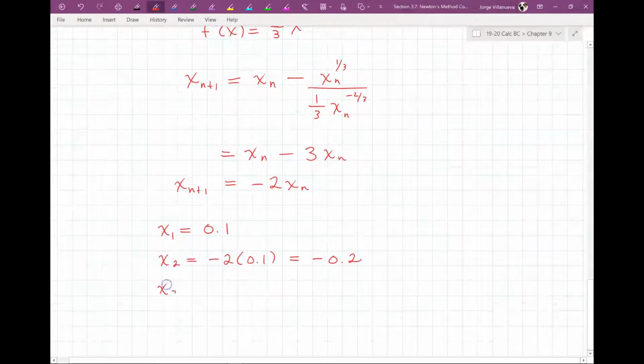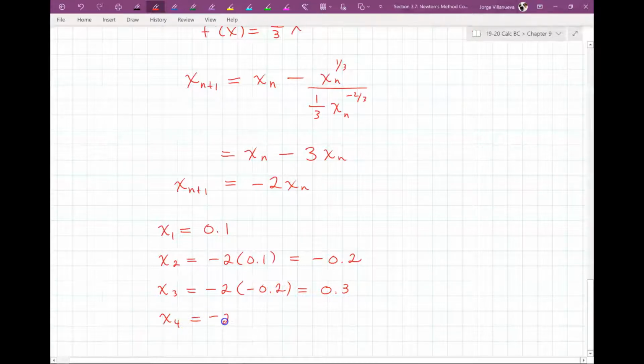And then x sub 3 would be negative 2 times negative 0.2, which is 0.3. Okay, x sub 4 would be negative 2 times 0.3, which would be negative 0.6. Look at these numbers on a number line, okay?